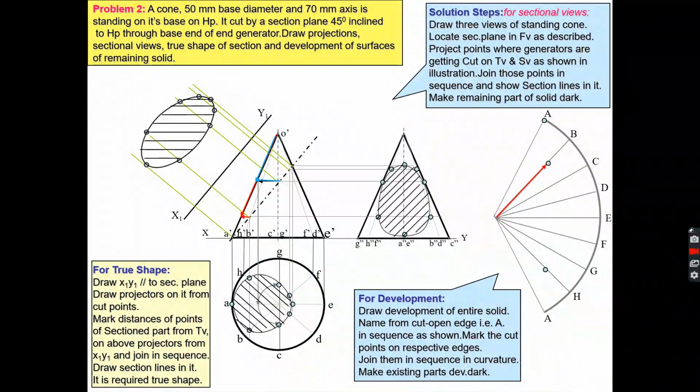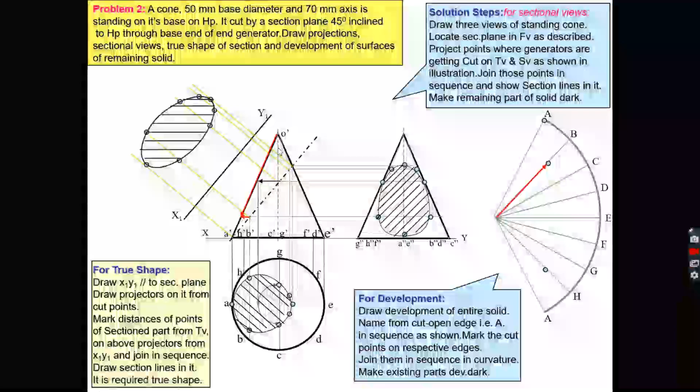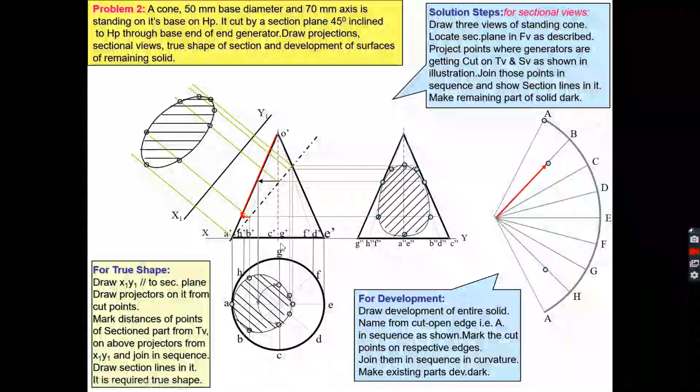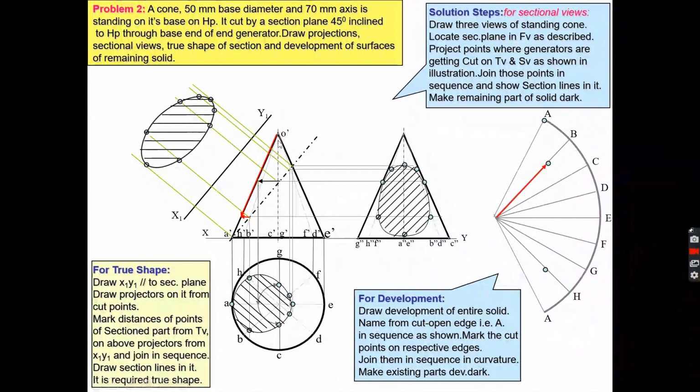Similarly, you can transfer all the other points which are on the generators OC and OG, OF and OD. You can transfer them on the true generator, and you can measure the distance from the point O, and you can mark them on the generators OC, OD, OF, OE, OG.